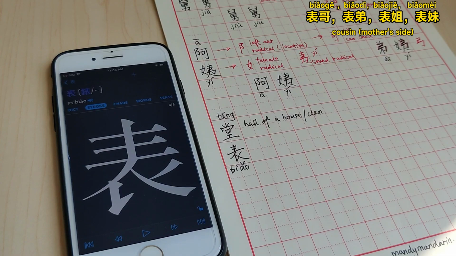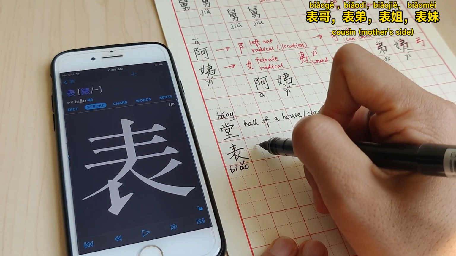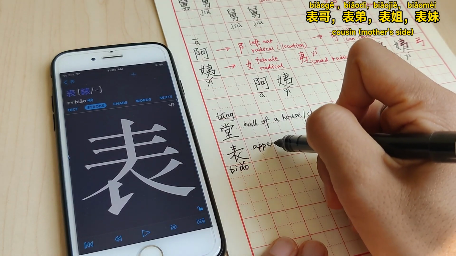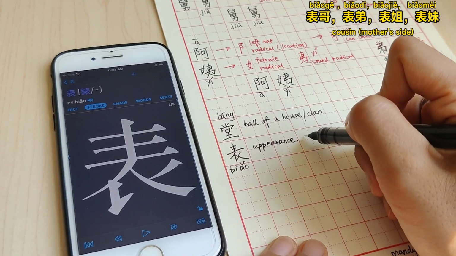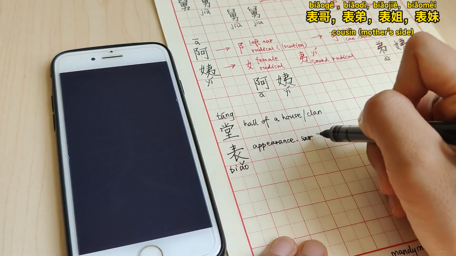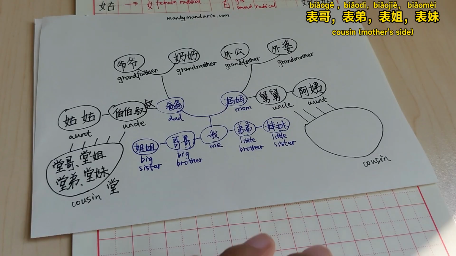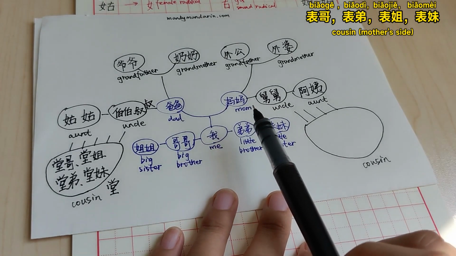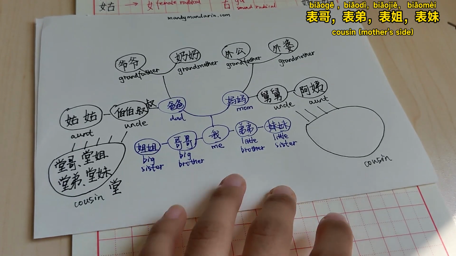And as for the word itself, the 表 could mean appearance or surface. So the cousins from the mother's side, they all have one thing in common, that is using the word 表.